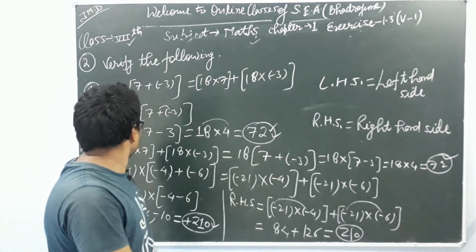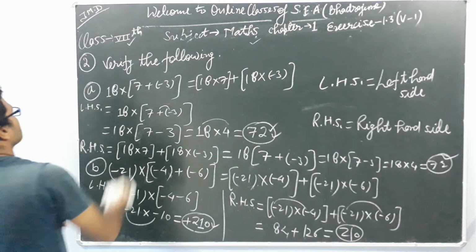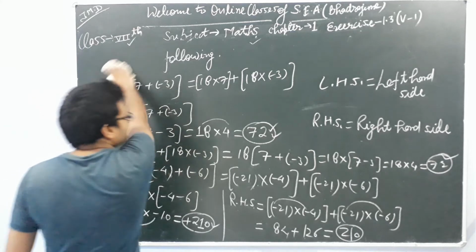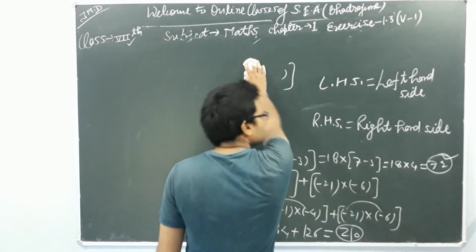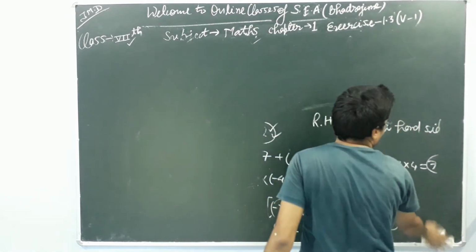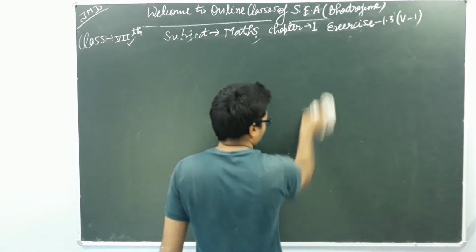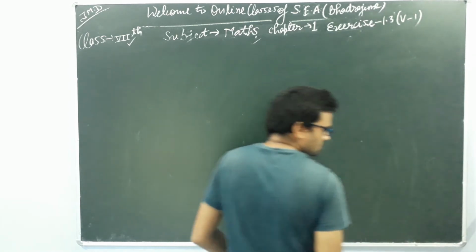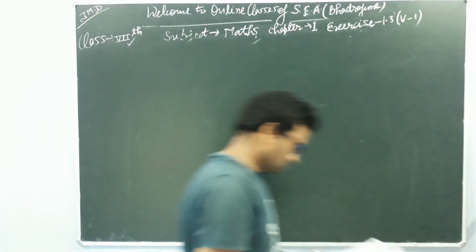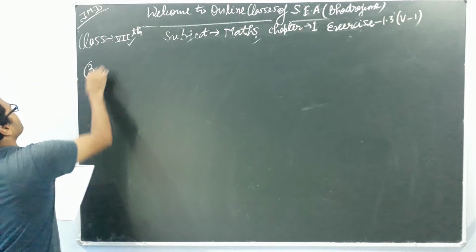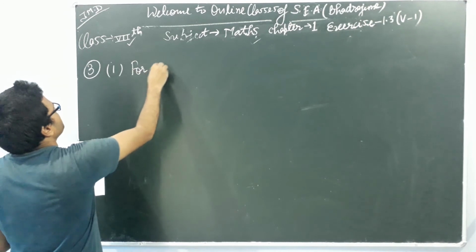Okay, so our next one is question number 3, part first. For any integer a, what is minus 1 multiplied with a equal to?